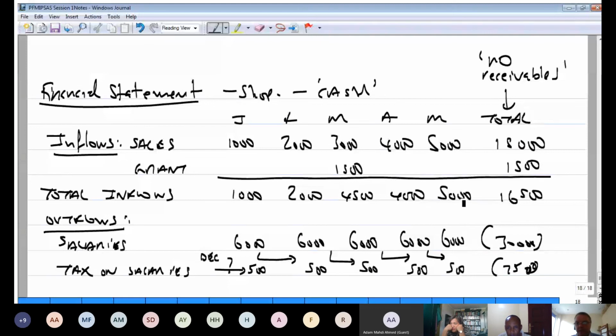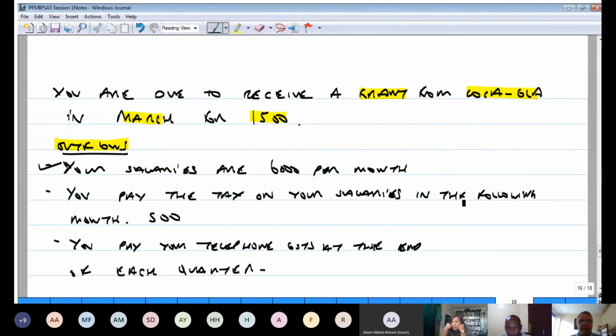That's good work. Then we go back to our information and it says you pay your telephone costs at the end of each quarter. Now, remember, a quarter is every 3 months. So let's imagine that we're going to spend £30 or $30 every 3 months, at the end of each quarter. Remember, cash flow, it's got to be when we pay the bill.